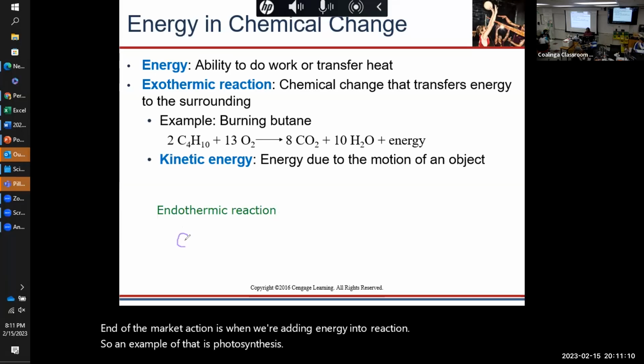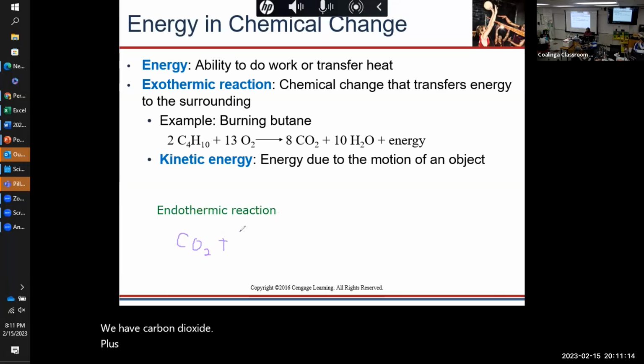We have carbon dioxide plus water plus energy. It's going to make sugar. So glucose, C6H12O6, and oxygen.